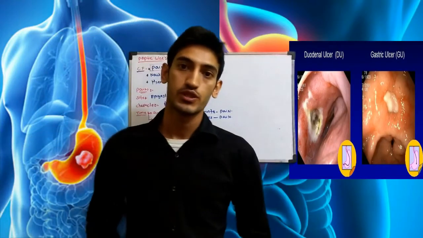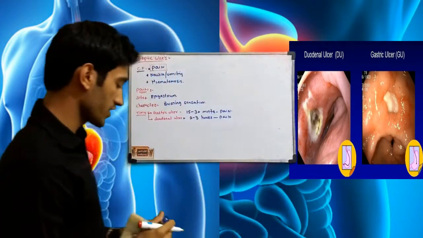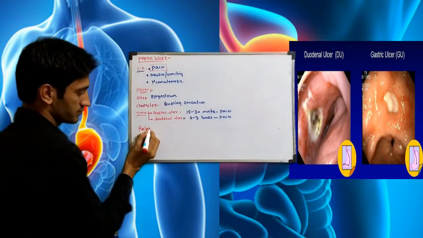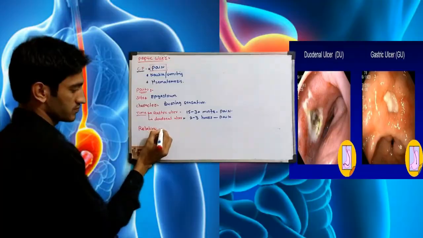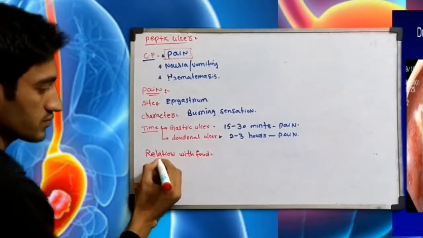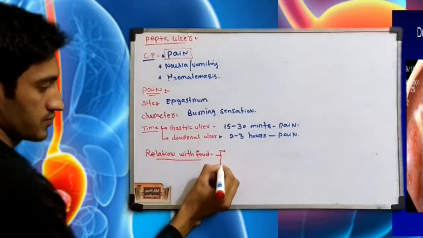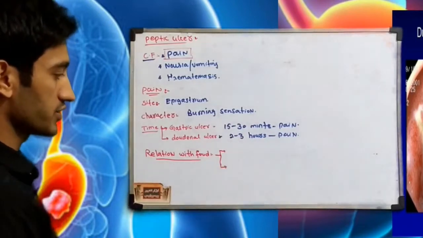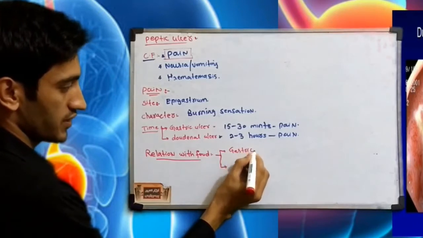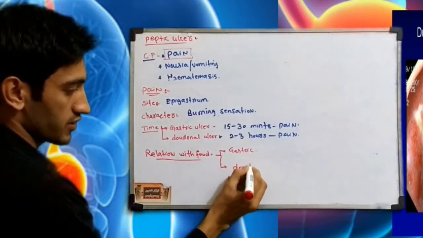After the time, we will talk about the relation with the food. What is the relation with the food? Again, it is different for gastric ulcer and for duodenal ulcer.